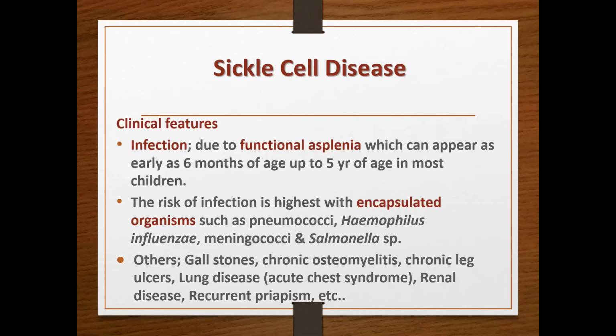Other clinical presentations are gallstones, chronic osteomyelitis due to recurrent attacks of infarction in the bones, chronic leg ulcers, lung disease, acute chest syndrome secondary to pulmonary infarction, renal disease, and recurrent priapism due to blockage of the venous plexus in the penis, leading to continuous painful erection, which is an emergency situation in a child with sickle cell disease.